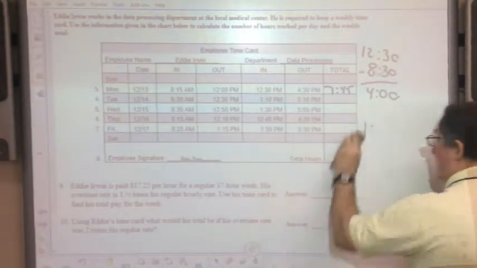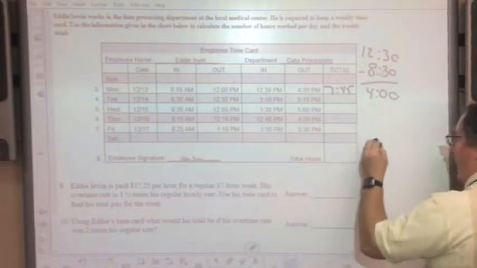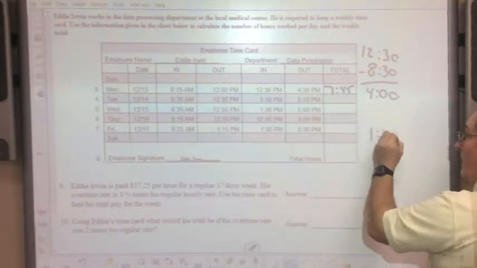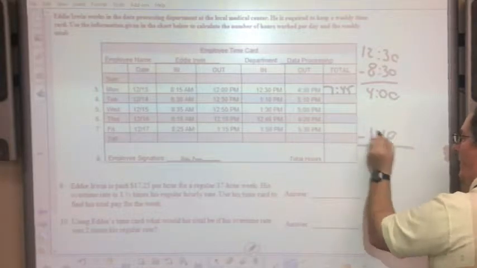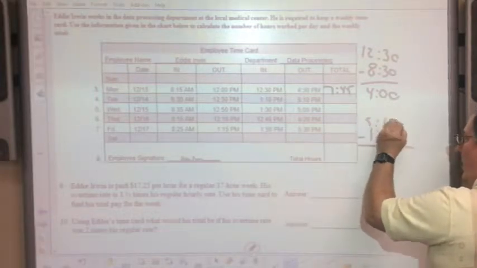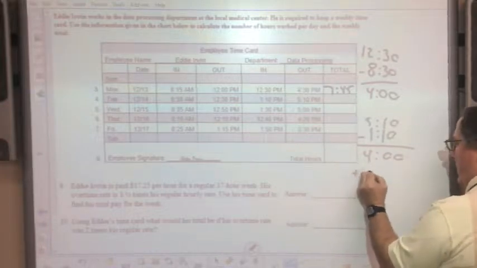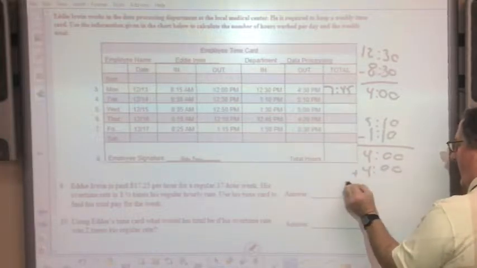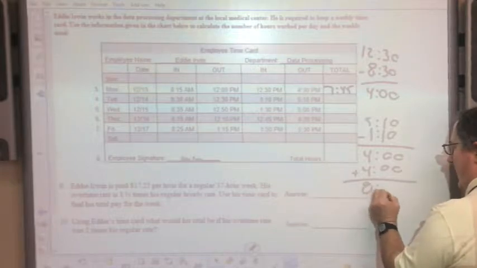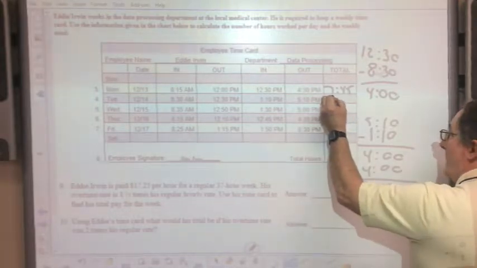You go away to lunch and you come back at 1:10. So that goes on the bottom, and you are working till 5:10. Again, just count your fingers. 4 hours in the morning, 4 hours in the afternoon. You're going to add them up. Your total daily work is 8 hours on Tuesday.